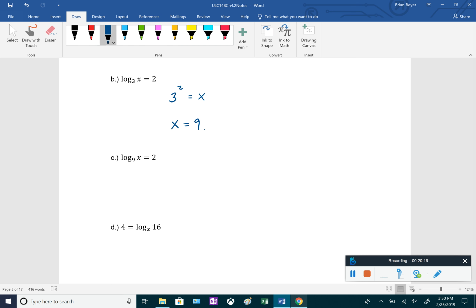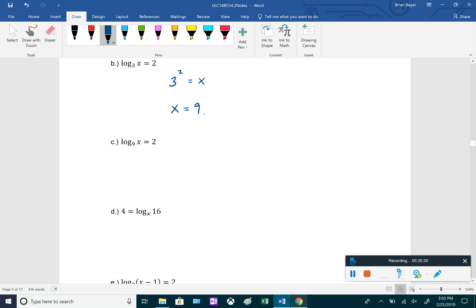So I just kind of skipped doing that intermediate step of converting it into exponential form. Next one, log base 9 of x equals 2. So once again, I'm going to skip that intermediate step of putting it into that form. It's going to be 9 to the second equals x for exponential. So this is going to be x equals 81 for 9 squared.